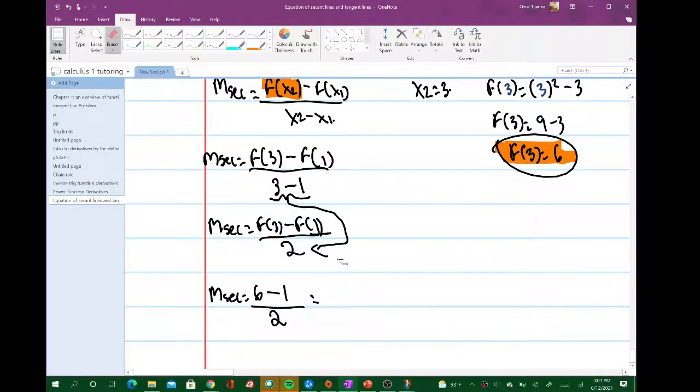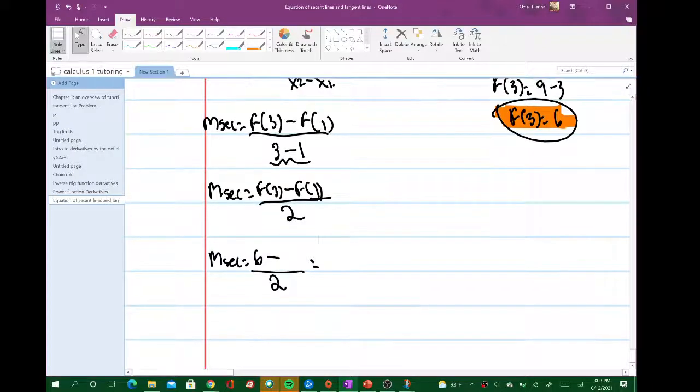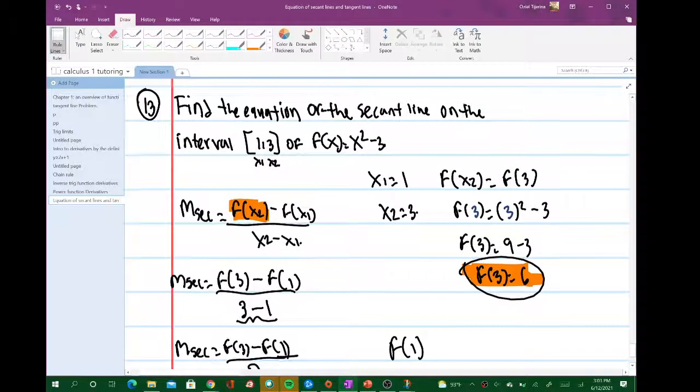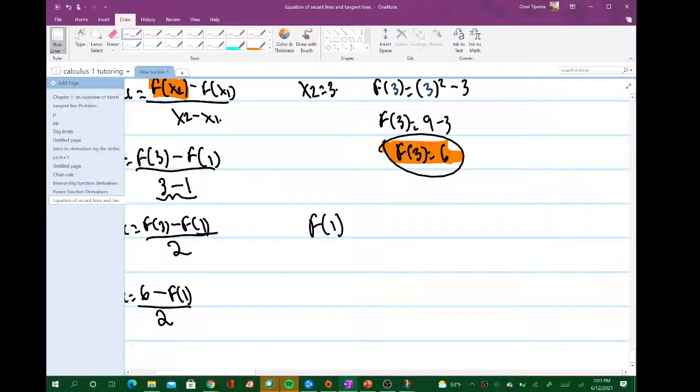Oh, I'm sorry, hold on, my bad. Not 6 minus 1. So now we have to find f of 1, so we have 6 minus f of 1 over 2, and we have to solve for f of 1. So what is f of 1? We know what f of x is. f of 1 is going to be the quantity 1 squared minus 3. So we have 1 minus 3, that's negative 2.